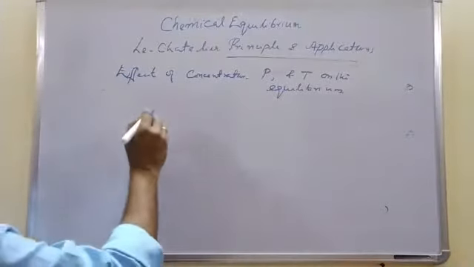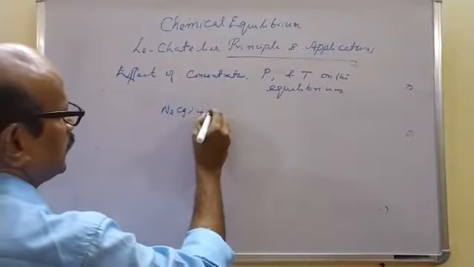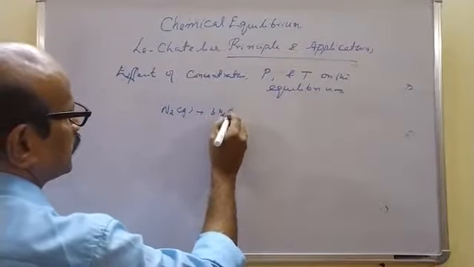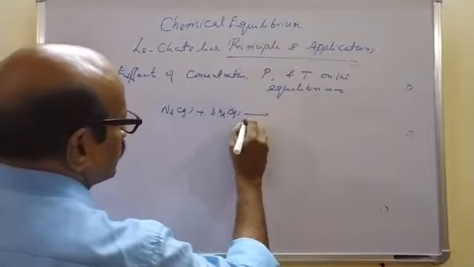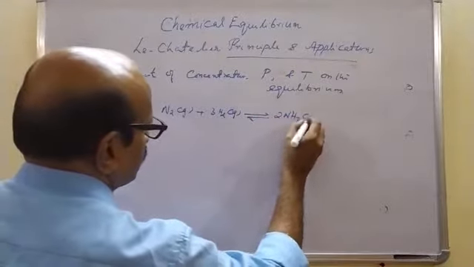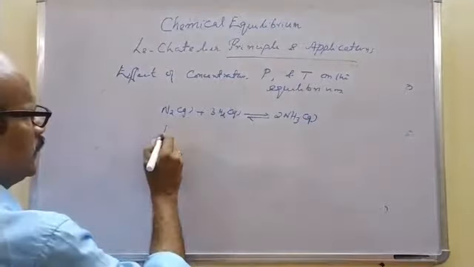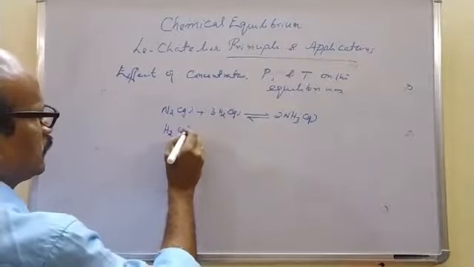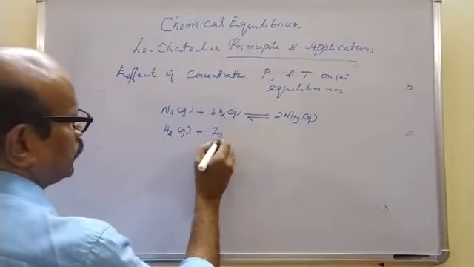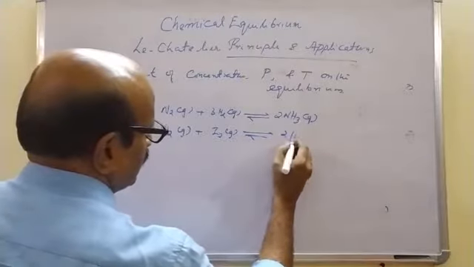Consider a reaction N2 gas plus 3H2 gas reversibly gives 2NH3 gas. Okay, or H2 gas plus I2 gas reversibly gives 2HI gas.